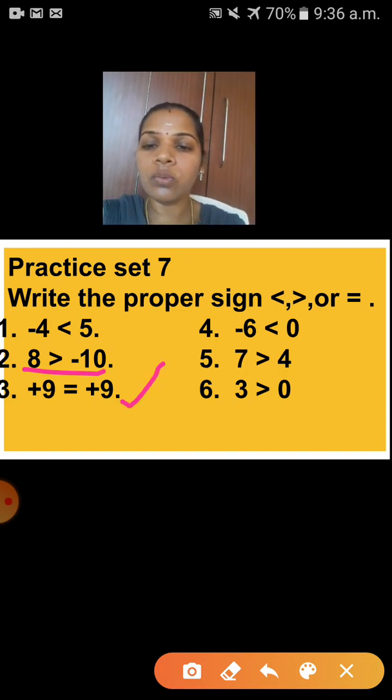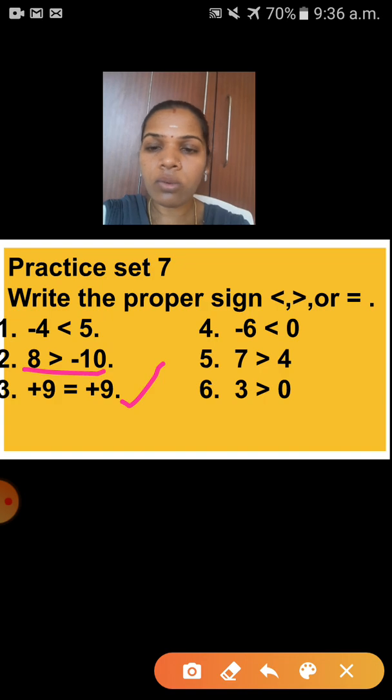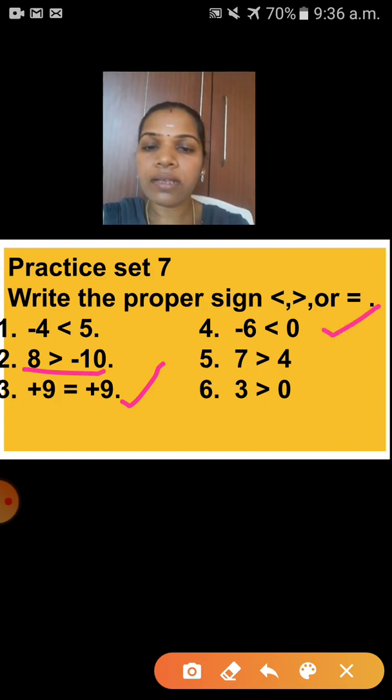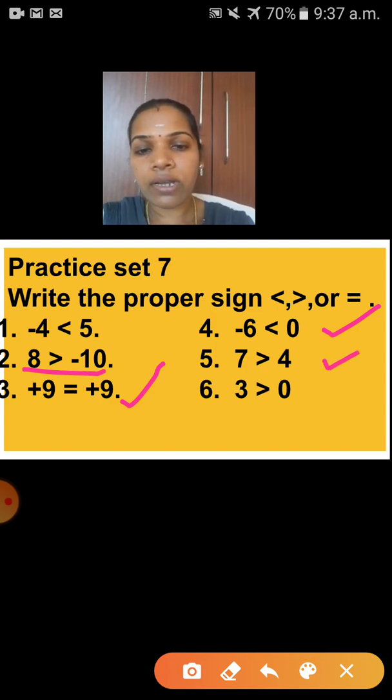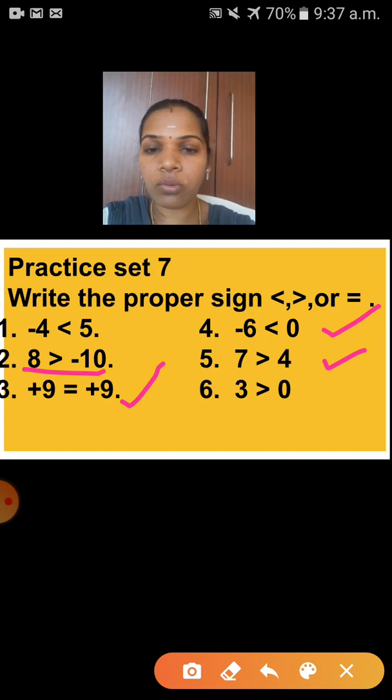So +9 is equal to +9. Fourth one is -6 and 0. So here which one is greater? Yes, 0. -6 is less than 0. Fifth one is 7 and 4. Which one is greater? Yes, 7 is greater than 4.